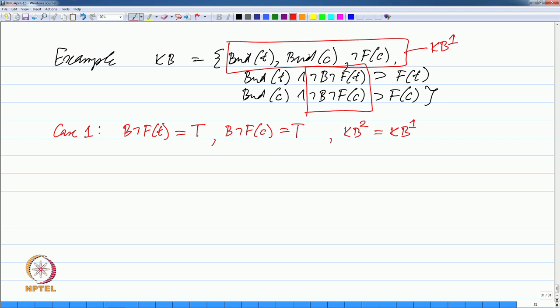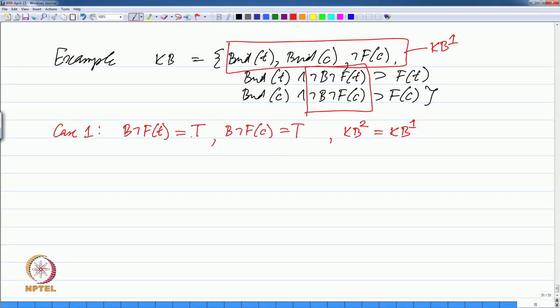But now we have to verify that it is a stable expansion. To verify that, confirm that the knowledge base 2 entails not flies Tweety.